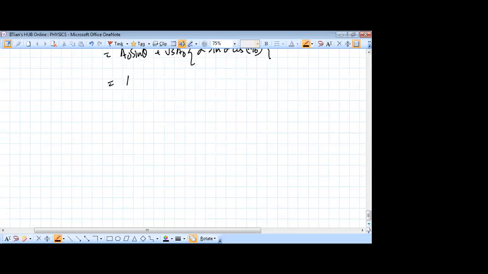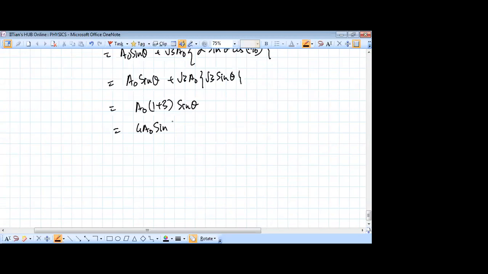That will become A naught sine theta plus root 3 by 2. Now cos pi by 6 is root 3 by 2, so that is root 3 sine theta. So A naught, 1 plus 3, sine theta. This is yet another way of doing the problem.